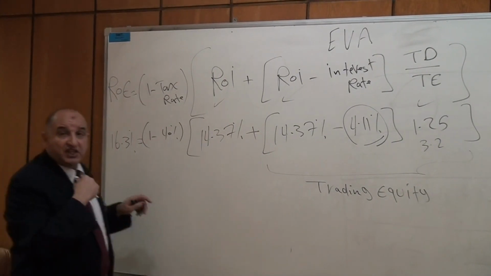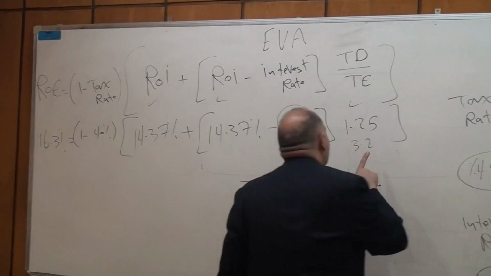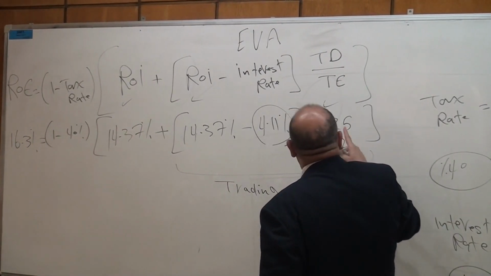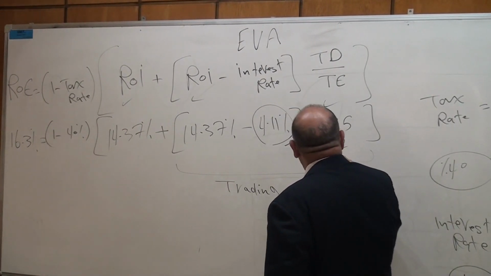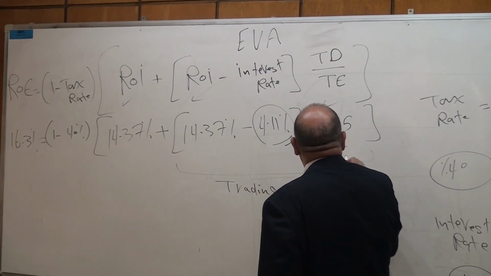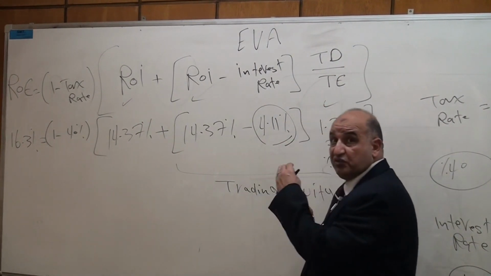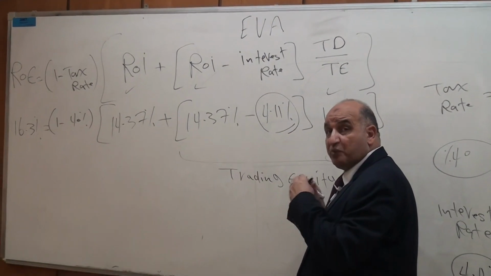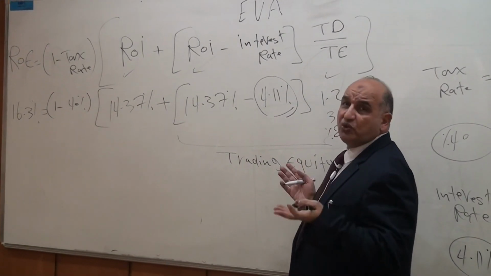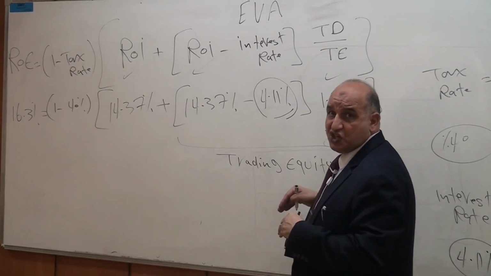Also, in Egypt, this ratio now becomes 85%. We reduced it from 1.07 to 85. I'm not happy with this ratio declining.